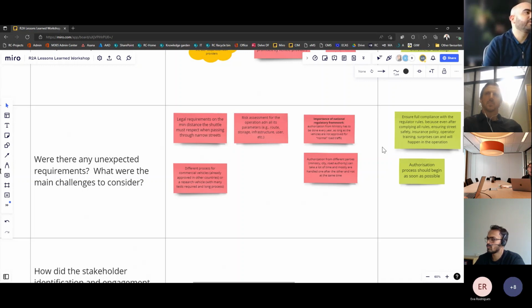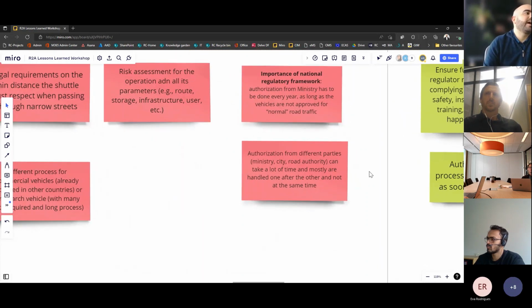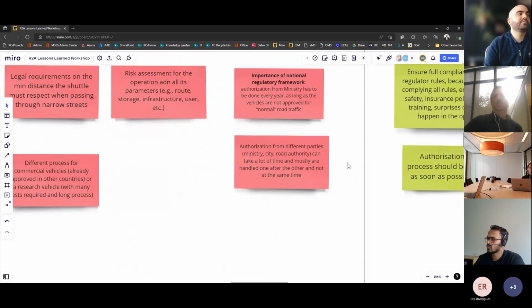That also applies to the iteration of this permit provision, and the fact that different parties need to provide authorization, and this doesn't always go in parallel, but one after another. So that should also be considered in terms of the time requirements.